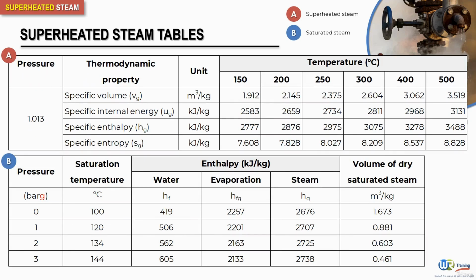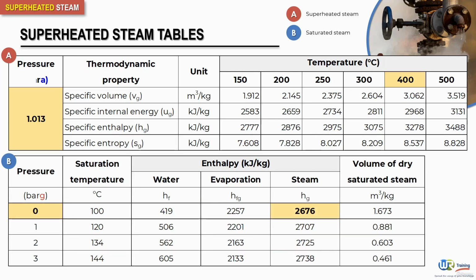Okay, now for the sake of demonstration, how much more heat does superheated steam with a temperature of 400 degrees Celsius and a pressure of 1 bar absolute have than saturated steam at the same pressure? From the bottom saturated steam table, the specific enthalpy at atmospheric pressure is 2676 kilojoule per kilogram.